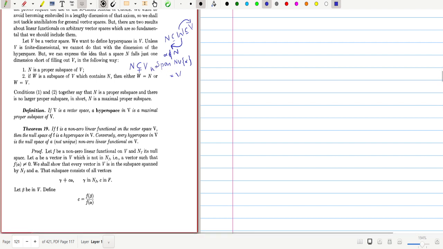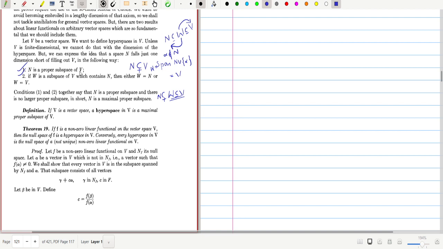If you name it W, then this W definitely contains N properly, because W contains an alpha which is not in N. This is always a subspace of V, so we have W as V. That means the span of this is equal to V. So this is another way of describing this type of subspace.